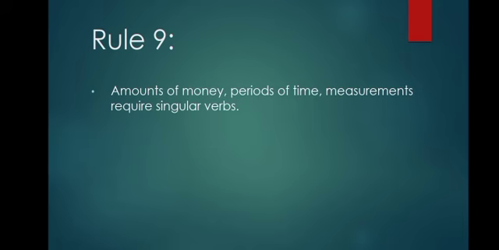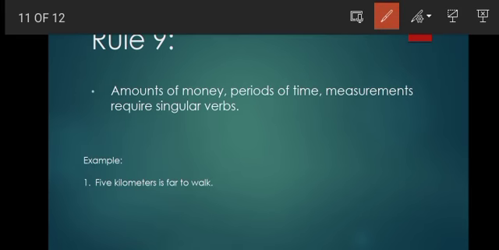For example, 5 kilometers is far to walk. It is a form of measurement of distance, right? Kilometers. Despite the amount of kilometers here, which is 5 and more than one, we still used is as the verb because it is in singular form.